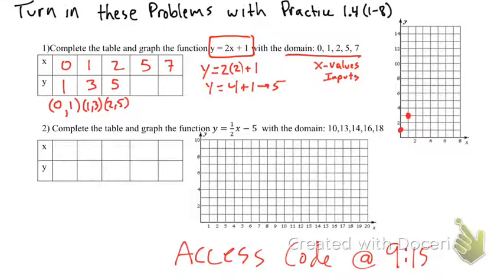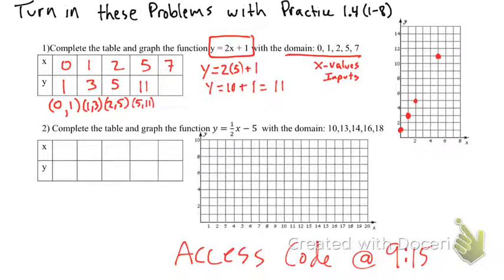And now we plug in 5 for x. That's 10 plus 1. That gives me 11. So that is 5, comma 11. So I forgot, 2, 5 is here, and then 5, comma 11 is up here.